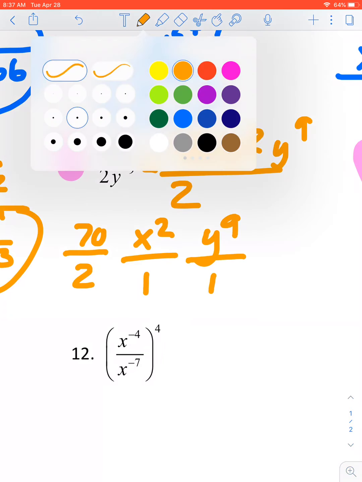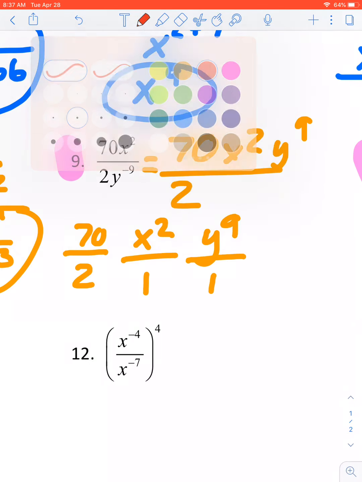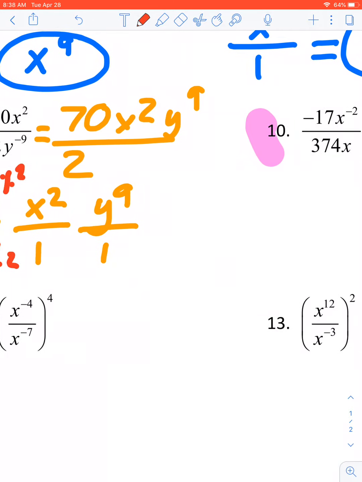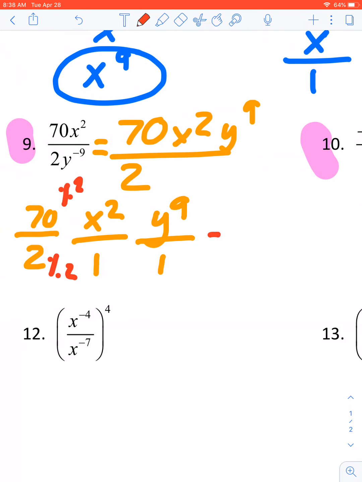Okay? So then from here, what I'm going to do is simplify. Well, I'm going to divide 70 and 2 by 2. So I'm left with 35 over 1, right? So I get 35 and I get my 1. x squared, nothing to simplify with, and y to the 9th, nothing to simplify with.